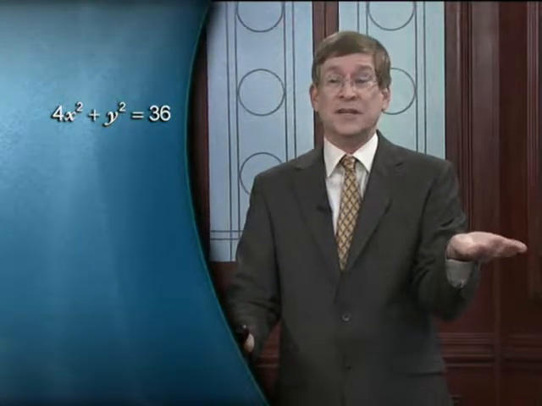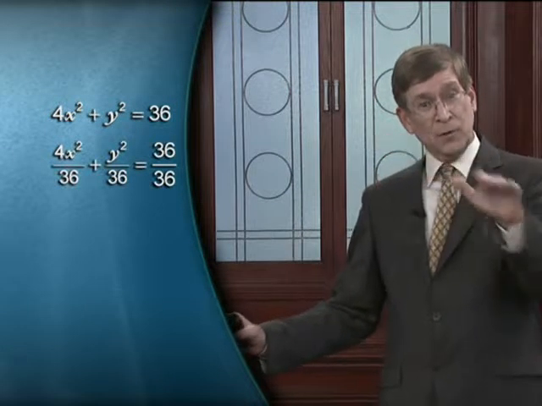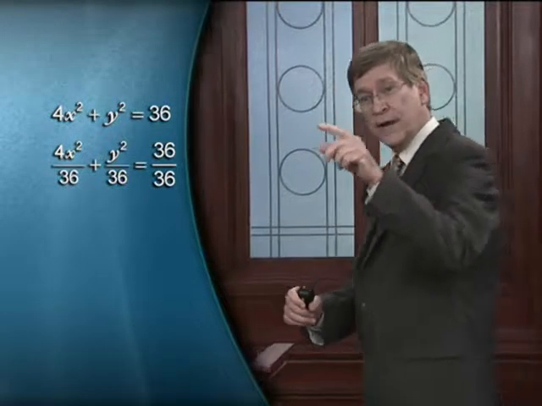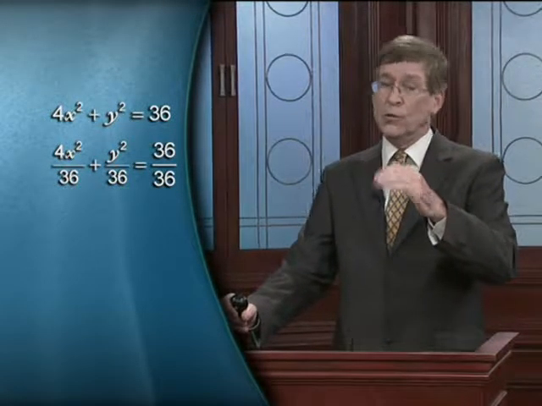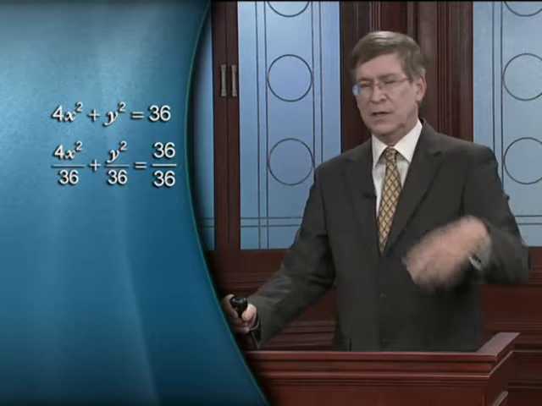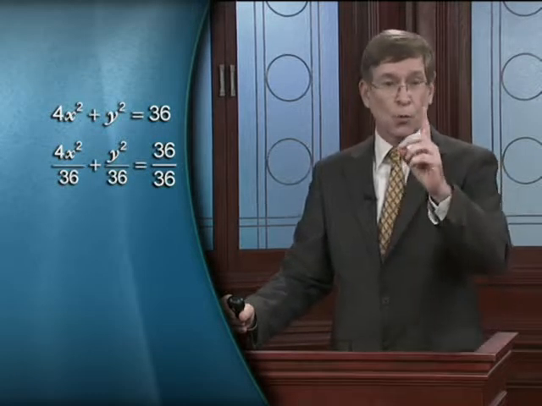All right, I suggest doing the following. Remember, in the formulas, it's something equals 1. The 1 is on the right-hand side, and our right-hand side is 36. So let's divide by 36 and get rid of it. Dividing both sides by 36, we get 4x squared over 36 plus y squared over 36 equals 36 over 36, which also goes by the name 1.